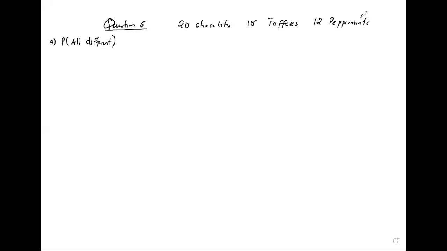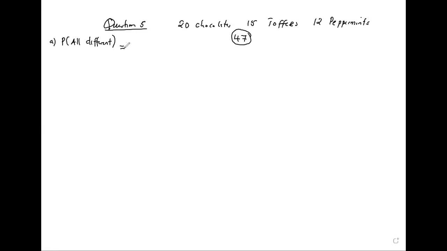So from there, how many altogether do we have in the bag? We have 20 plus 15, 35, plus 12, 47 altogether. What is the probability that what you're picking?